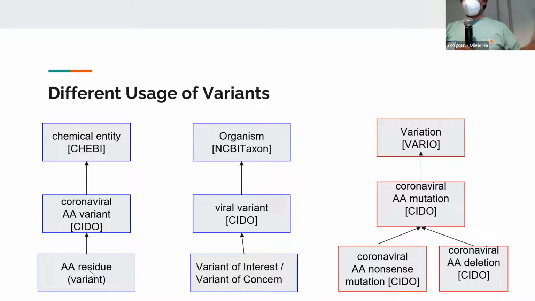And I'll be using that as a matter of consistency with what is currently in the ontology in CIDO, where we use variant for referring to residues. Otherwise, as part of the specific process for the coronavirus mutations, we will refer to them as coronaviral amino acid mutations, either in the case of deletions or for nonsense mutations. I'm just doing this as a way to make clear, since a lot of these words sound familiar and will blur together.